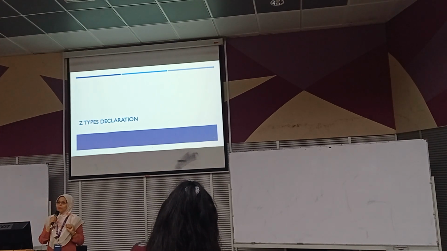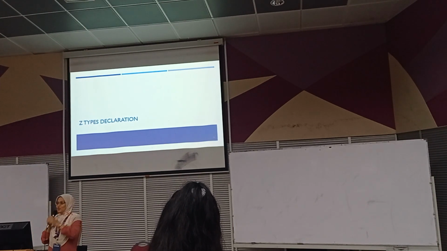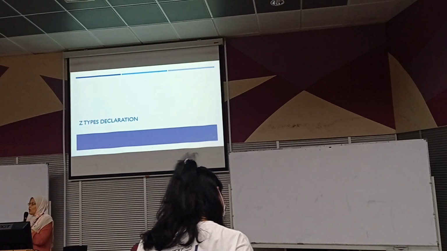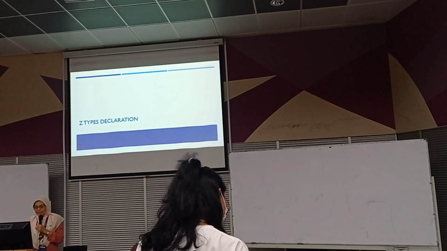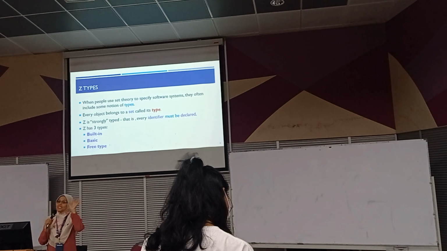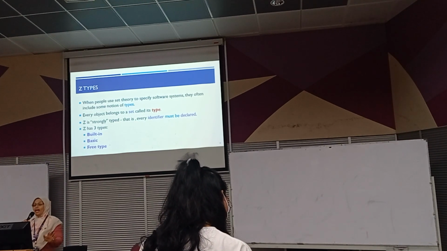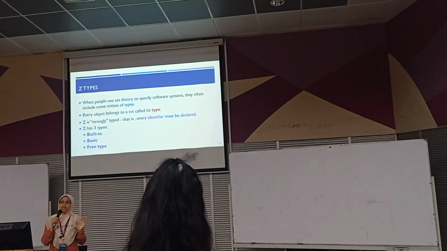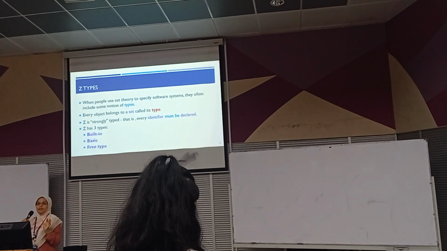Now, let's proceed. Because I said declare variables and all those things, this topic is actually how you are going to declare your variables. First things first: the first step of your Z schema, in your Z language, is to define your Z types.